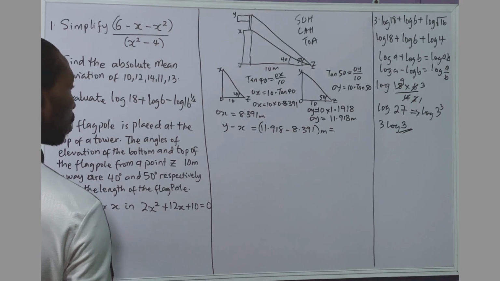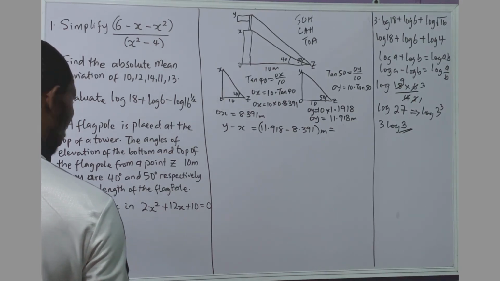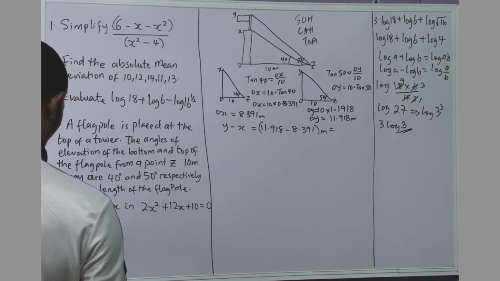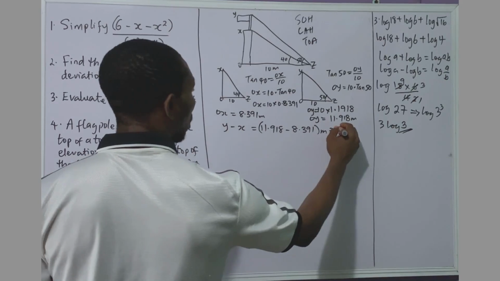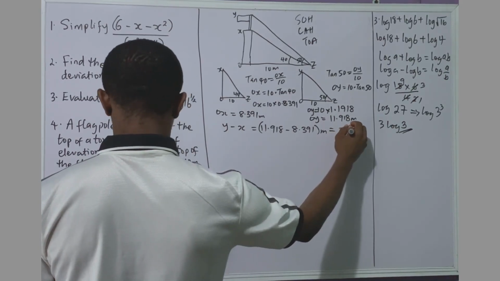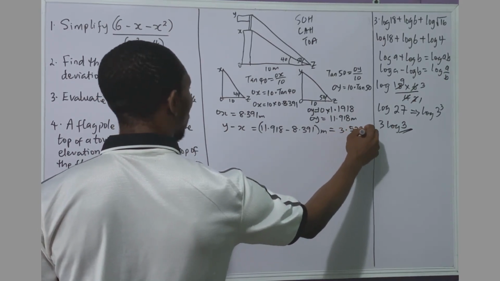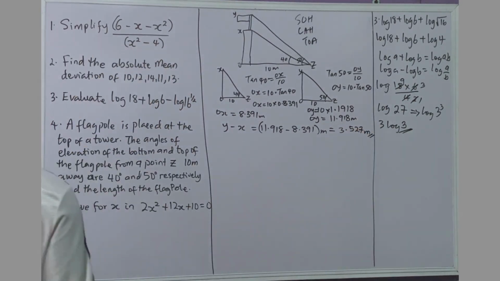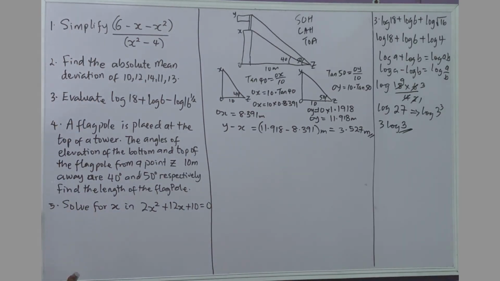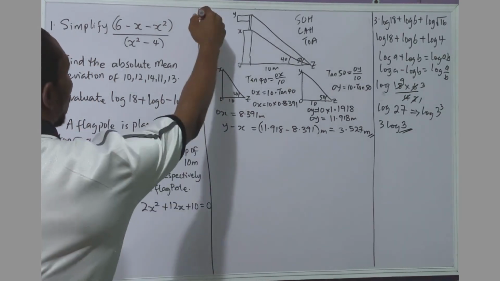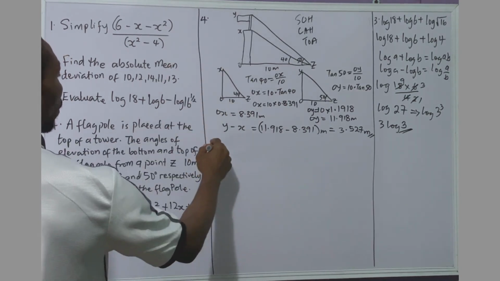That gives us 3.527 meters. So with that, we found the length of the flagpole. Now that was question 4, and on to question 5.